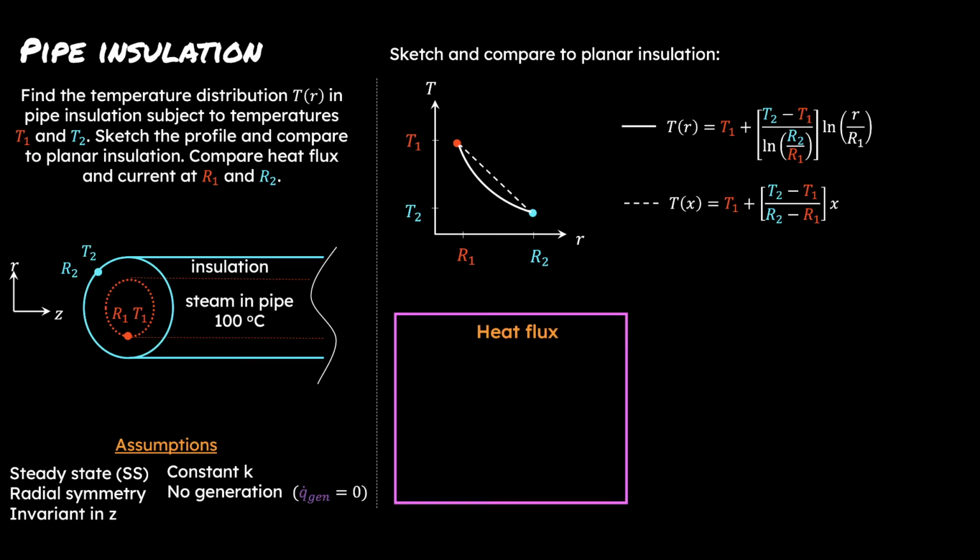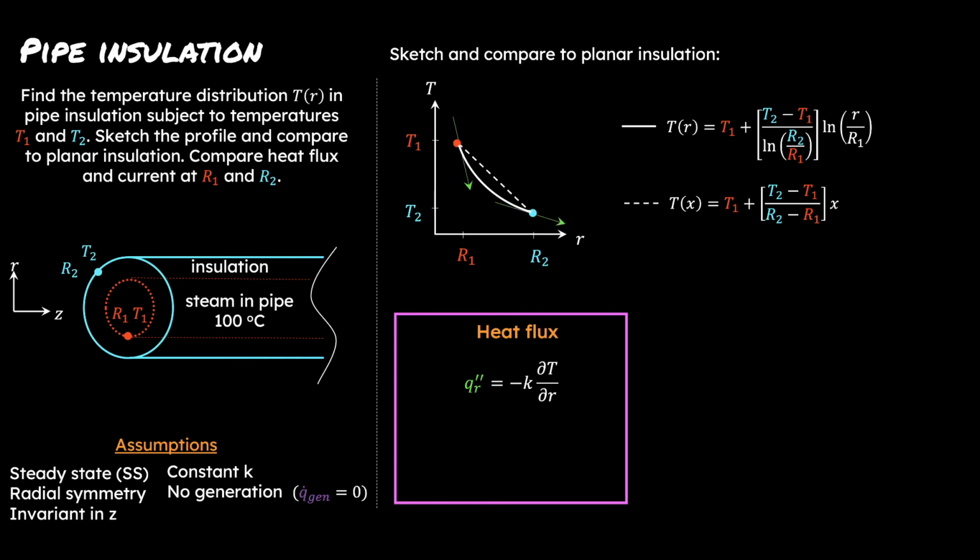Let's consider now the heat flux in this system. We know the equation that tells us the heat flux, that it's q″_r equals minus k dT/dr. This is the heat flux in the r direction because the heat is moving in the radial direction. We can apply this at both r₁ and at r₂.